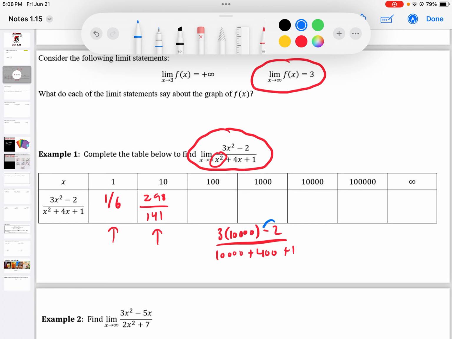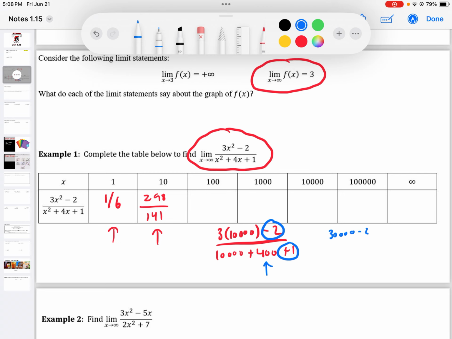So as I plug in huge numbers for x, subtracting 2 and adding 1 doesn't have much effect on the actual value of the top or the bottom, right? It's pretty not impactful. And the next not impactful part was that 400.